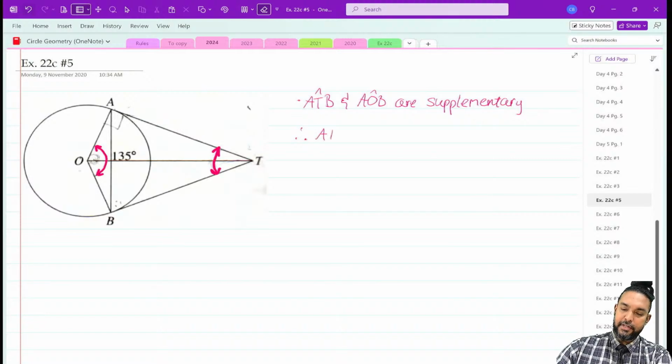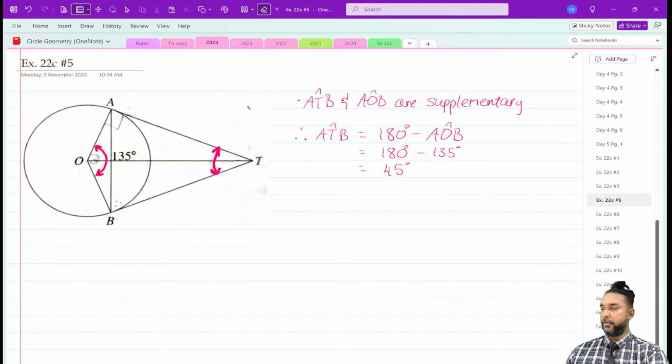Therefore ATB is equal to 180 minus AOB. 180 minus, sorry, 135, which is equal to 45 degrees. Right, sweet, simple, and straightforward.